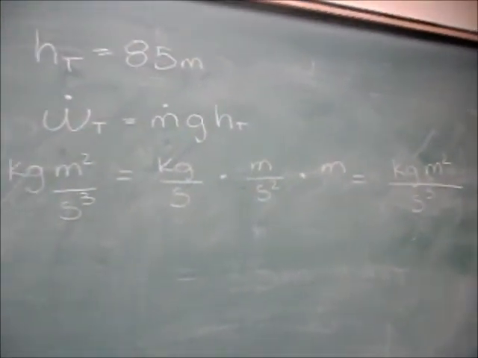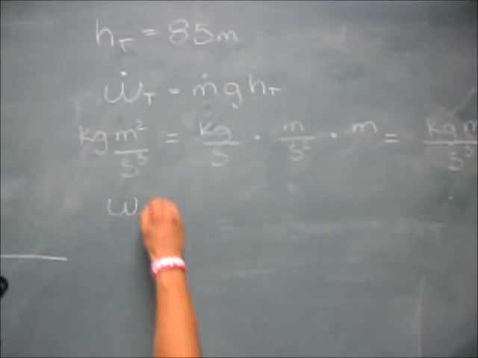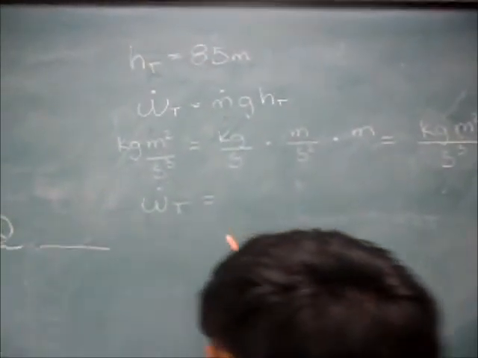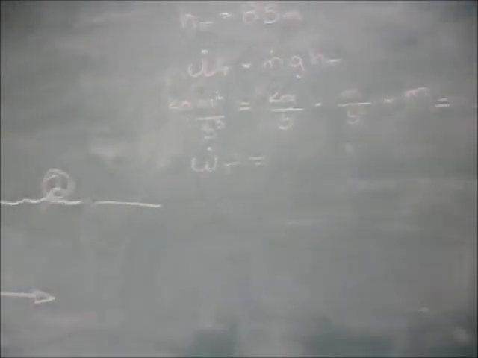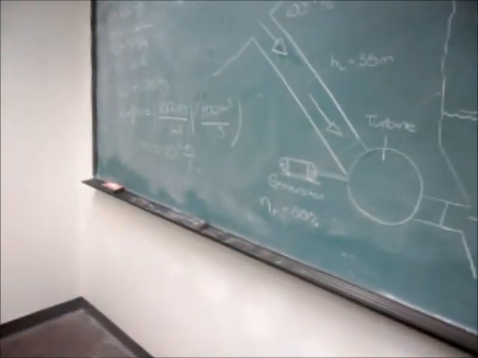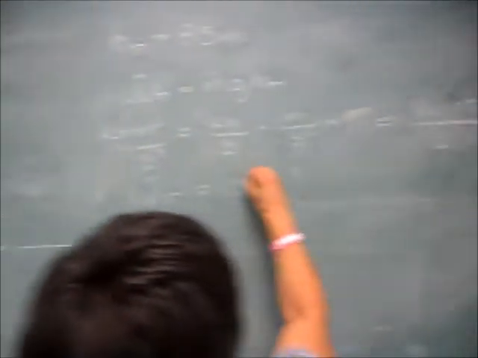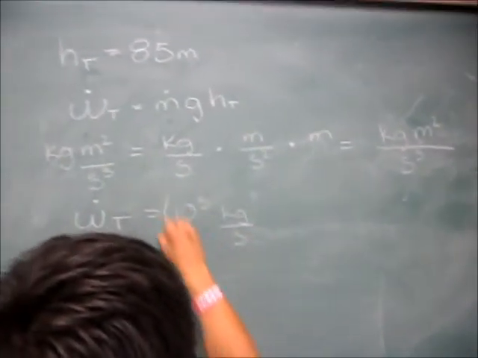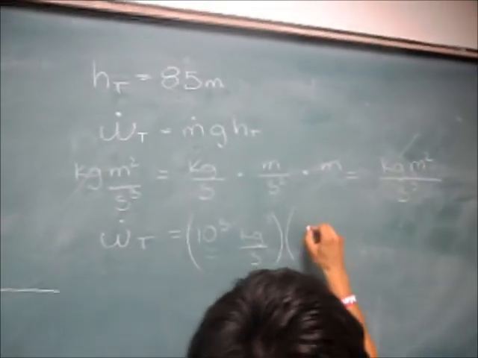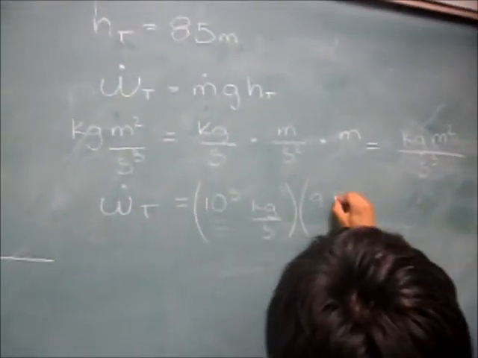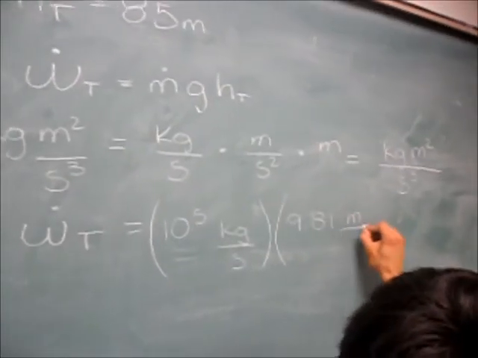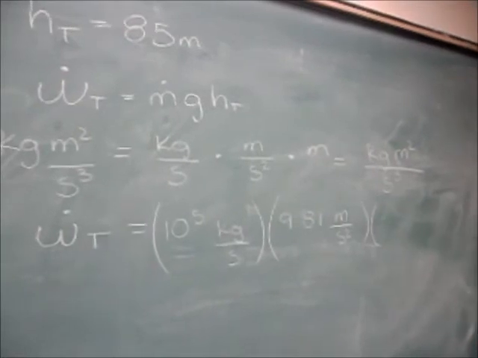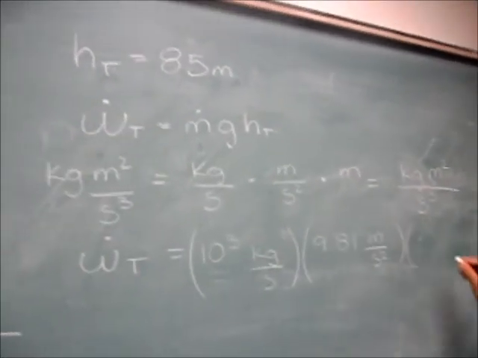So now we can look for the power, which is going to be the mass flow rate, which equals 10 to the 5 kilograms per second, times the gravity, which is 9.81 meters per second squared, times the head in the turbine, which is 85 meters.